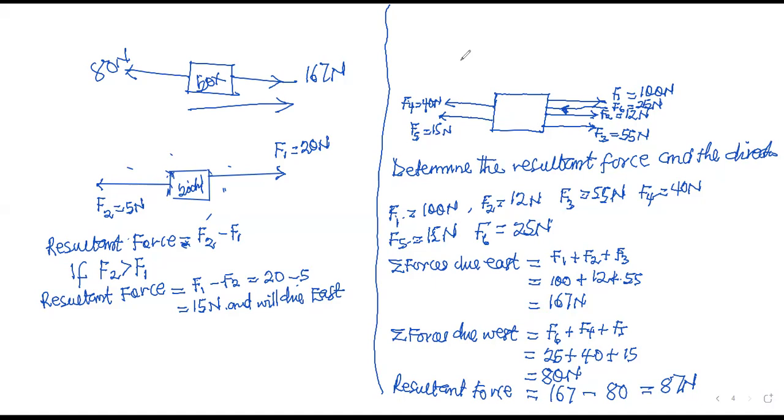The people that produce the larger pull always win, and whoever wins would pull the other people in their direction. So the resultant force always takes the direction of the larger force.